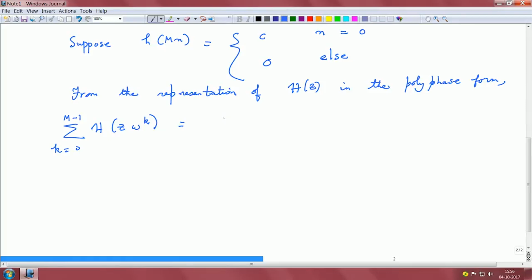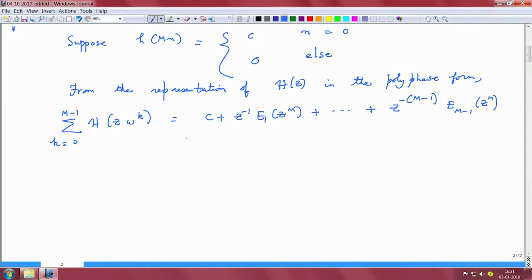So, we start with k equals 0. When k equals 0, it is basically our h of z, which is c plus delay E1 of z power m plus dot dot dot plus z power minus of m minus 1 E m minus 1 of z power m.